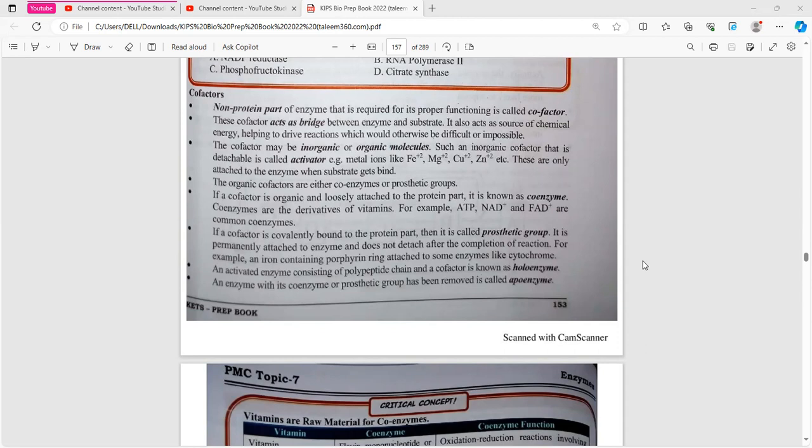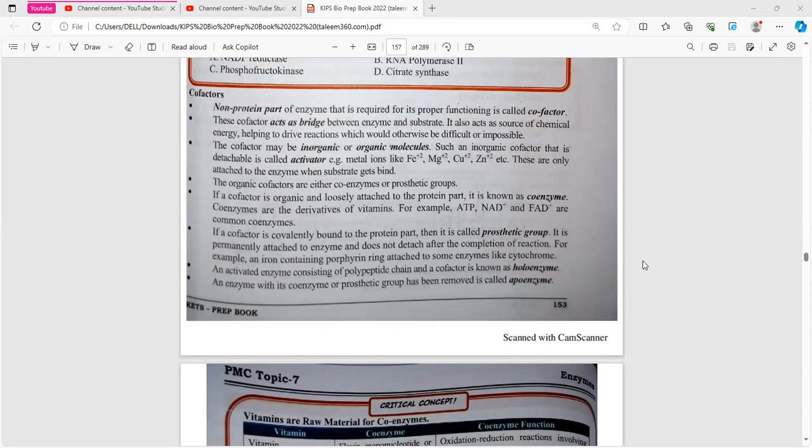In inorganic states, it mainly exists in the form of ions of metal atoms, such as iron, magnesium, and copper, as depicted over here. In this inorganic ion form, it is known as an activator. However, if it is in the organic form, it is referred to as coenzymes or prosthetic groups.